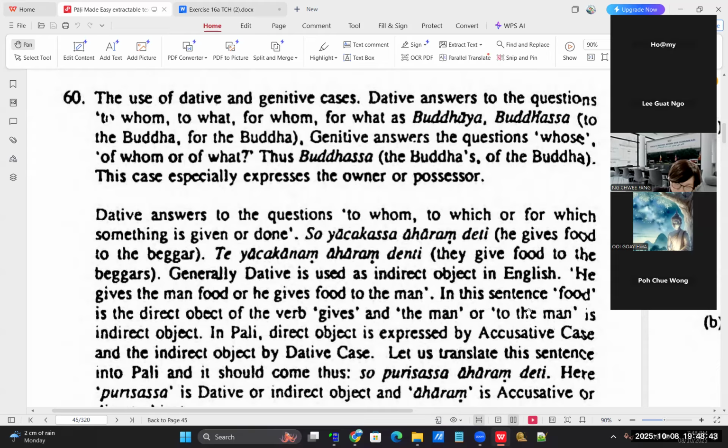That's the meaning here. So food is the direct object for the verb gives, and to the man is the indirect object, as mentioned just now. So the direct object is accusative case. Which one is accusative? Aharam is accusative case. So yachakasa, dative case. Yachakanam, here you can see, indirect object, dative case.